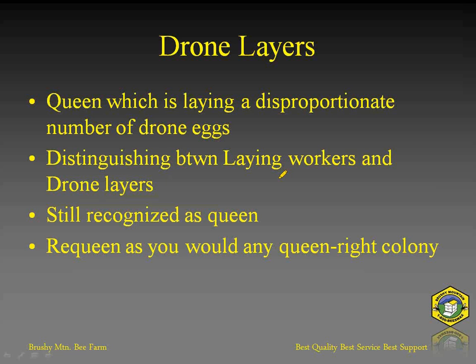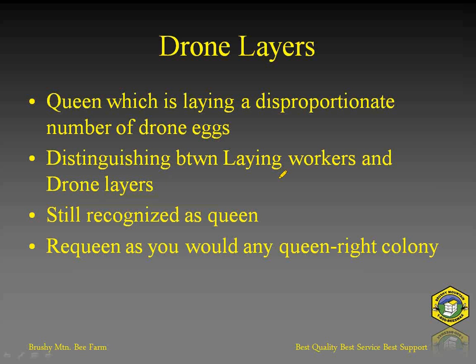So you need to requeen this colony as you would any queen right colony. In other words, find that queen, kill her off, put in a new queen, and allow her to slowly do it, the slow release method, releasing her over 5 to 7 days. You may want to add a frame or two of brood to strengthen that colony, but you need to get rid of that laying worker.